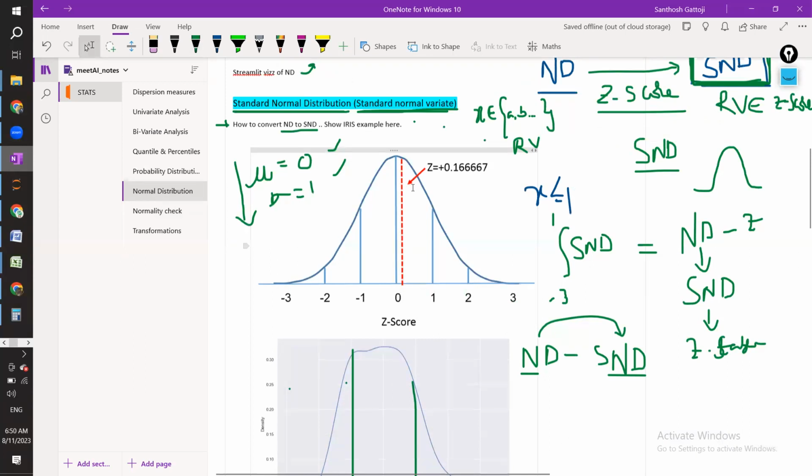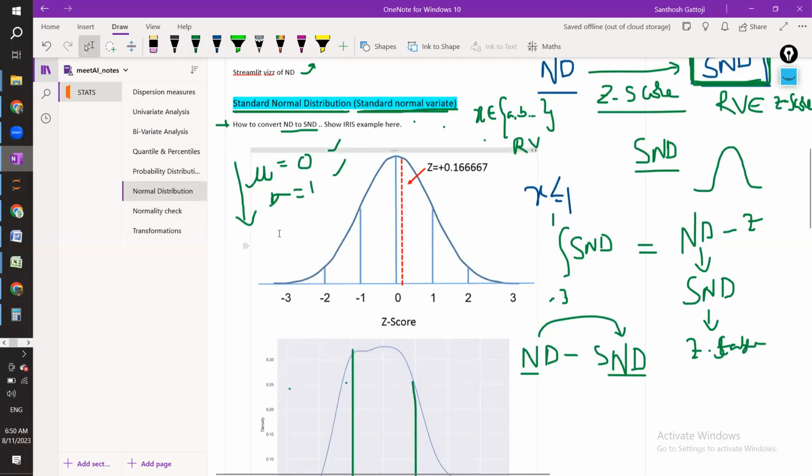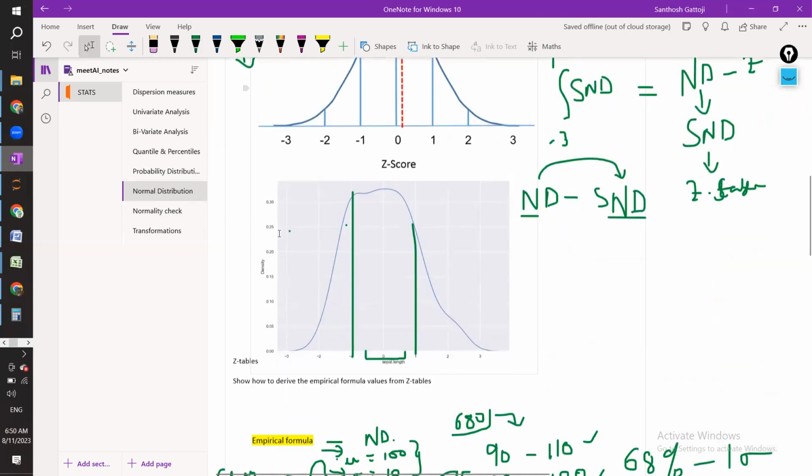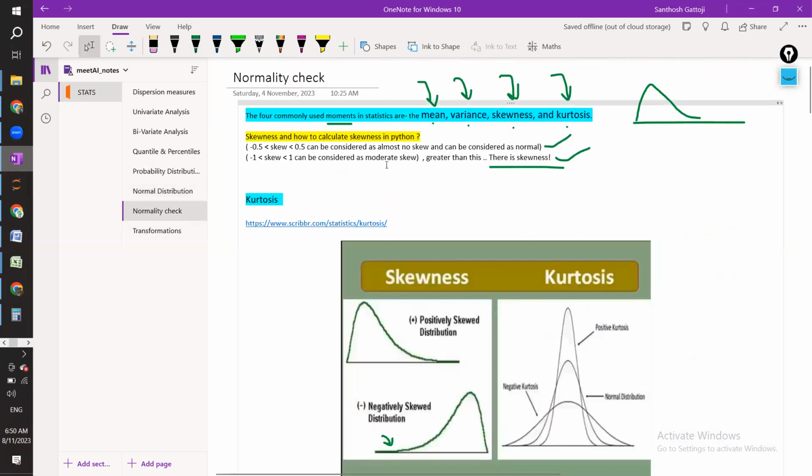Either we are checking if a distribution is normal, or we are converting it into normal, or we are checking how much it deviates from normal. Because our lives will be so much easier once we are able to convert or find a normal distribution.